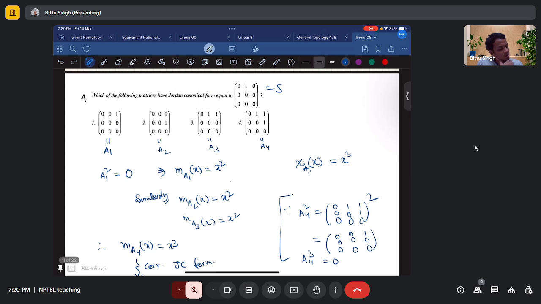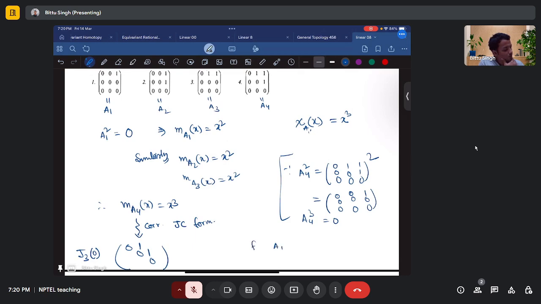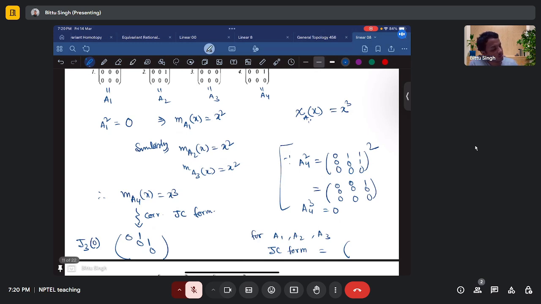And similarly for A1, A2, A3, the Jordan canonical form will be of this form. Since the minimal polynomials of those are x squared, there exists a Jordan block of size two, J2 of 0, and the rest is determined because only 2 by 2 is filled, so there is only one vacancy.